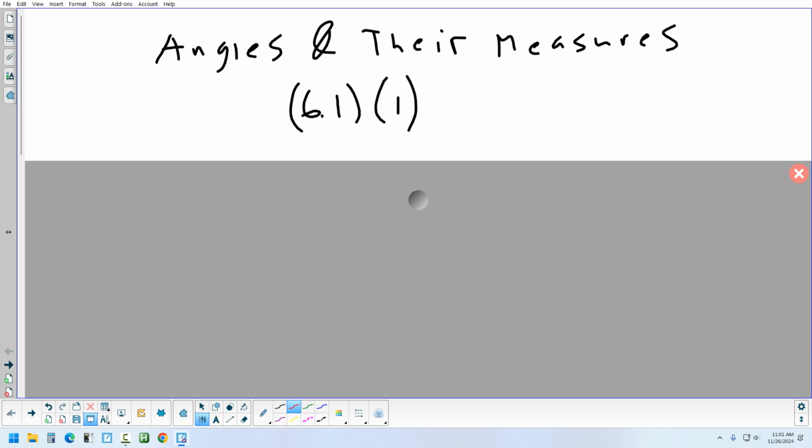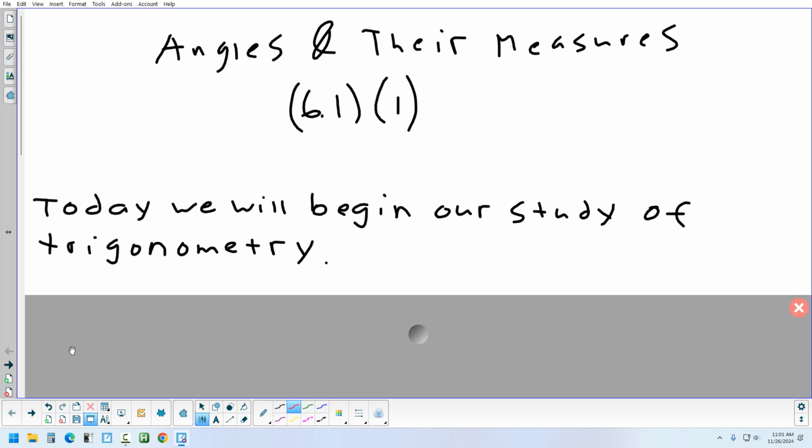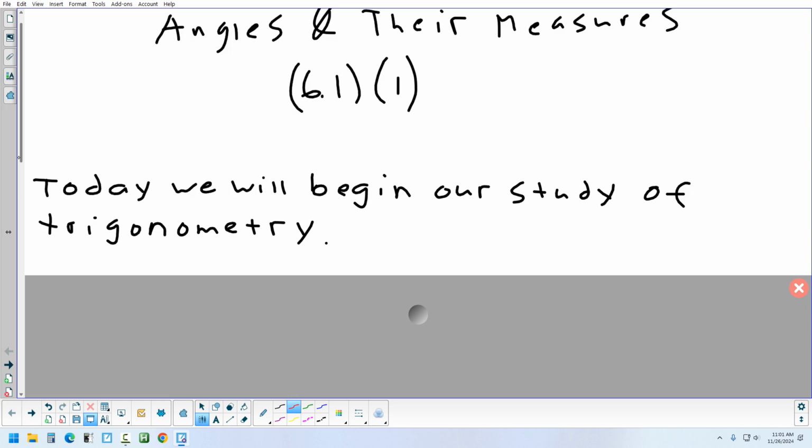Angles, how we measure them, how we classify them, and how we convert them. When I talk about convert, there are several ways you can measure angles. In this class, we use 2 ways. I'm going to talk about those 2 ways today and how to convert between them. All right, so this is the start of trig.